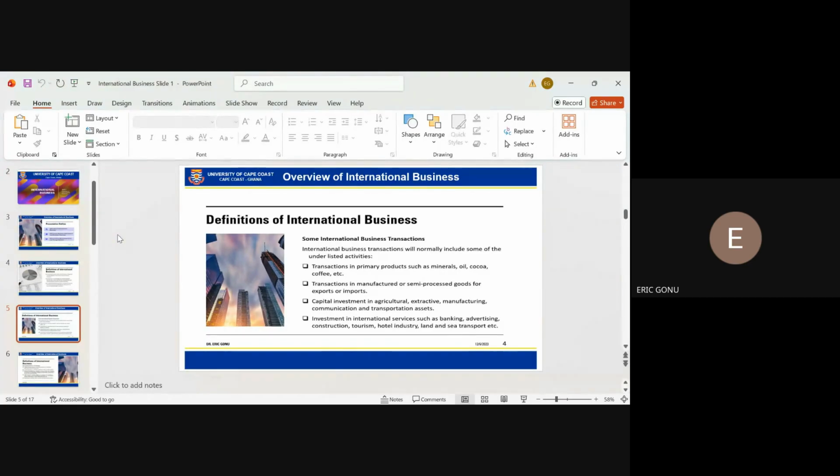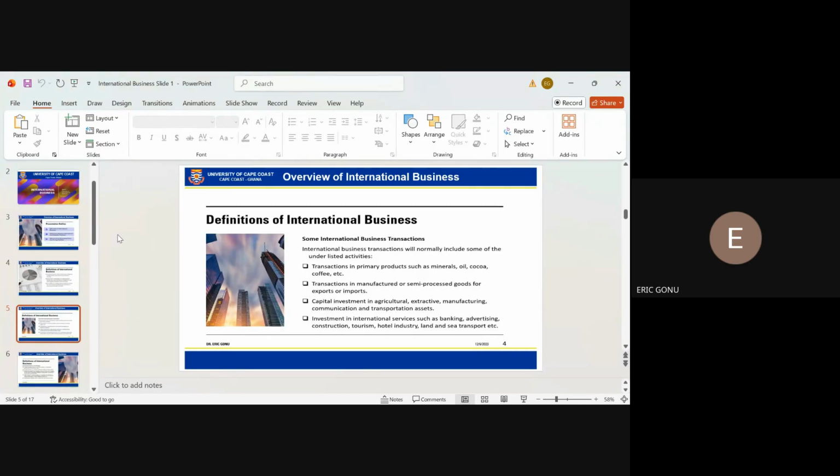One, transactions in primary products such as minerals, oil, cocoa, or coffee. For example, in Ghana we do business in primary and secondary products. Primary ones are the raw minerals, oil, cocoa, coffee, and others.